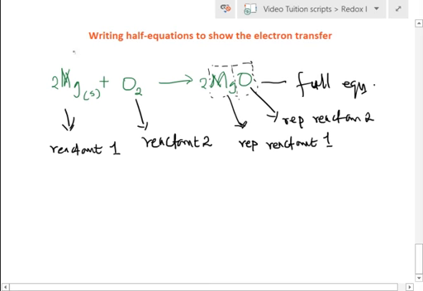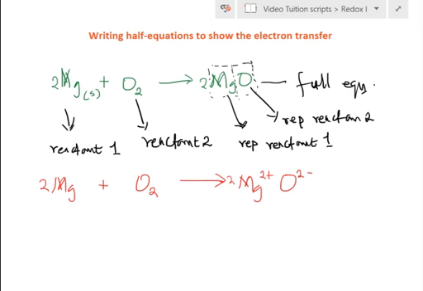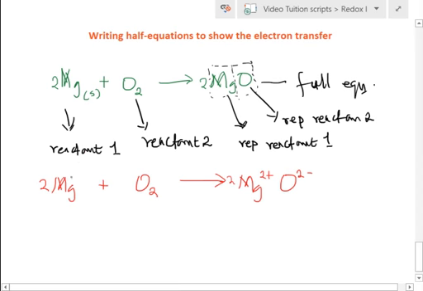So it means we can split this. If you look at it this way, we take the side of reactant 1, say Mg. Let me rewrite the equation first. Mg plus O2 to give MgO. So I want to split this MgO this way: Mg2+ plus O2-. So we can easily pick the reactant ones and its representative in the product.